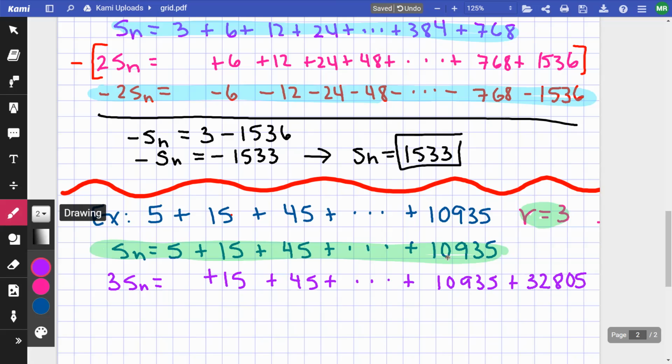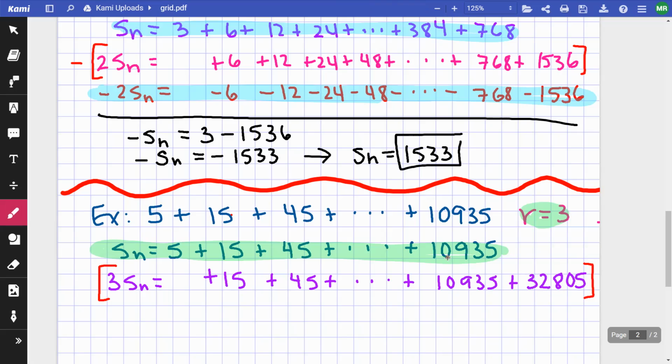So again, what I'm going to do is I'm going to basically subtract these two equations, but let me just show that I would be multiplying this by a negative.